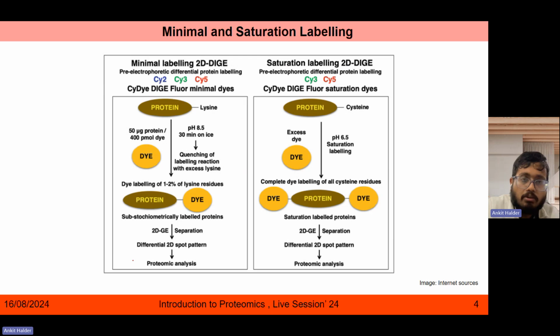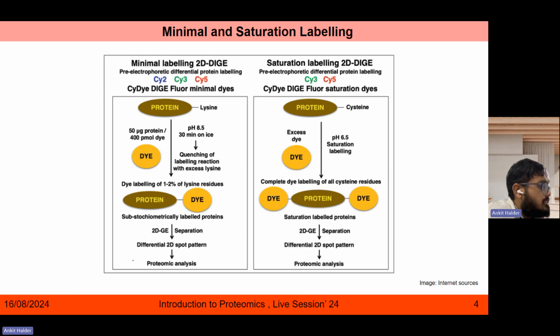But when we are talking about the sensitivity part, then we have to go to saturation labeling, where we attach as many lysine residues as possible. And what will happen is that it will amplify the signal of low abundance proteins as well.